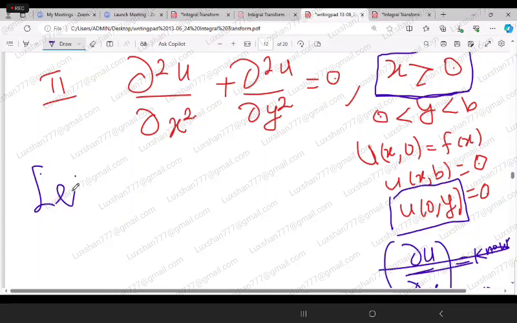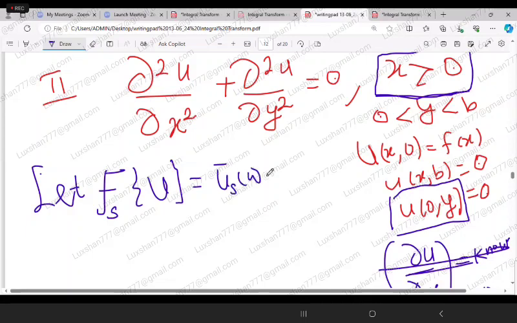You have to be careful with the notation. Fourier sine transform of u equals u bar s(ω, y). Now we take the Fourier sine transform of this equation.